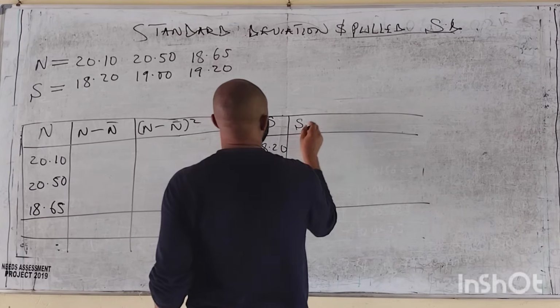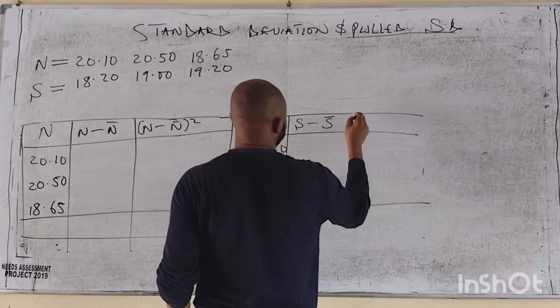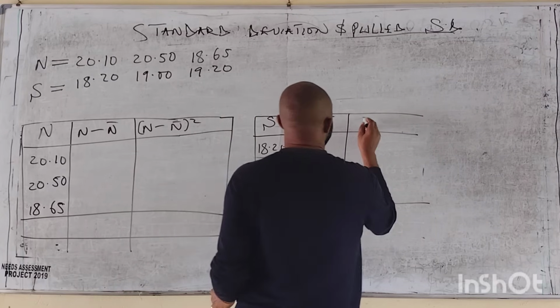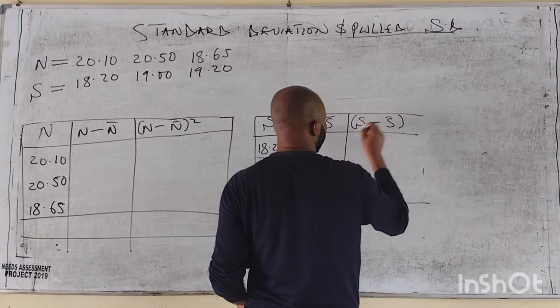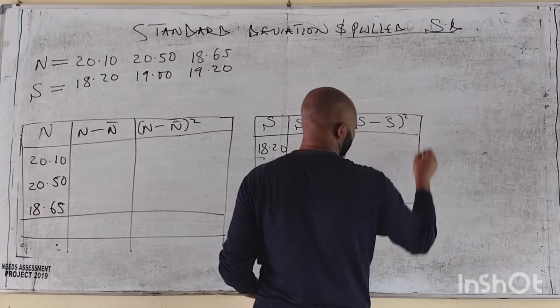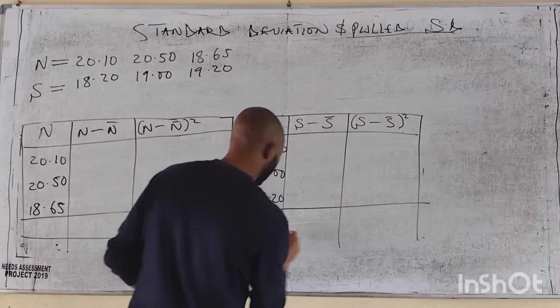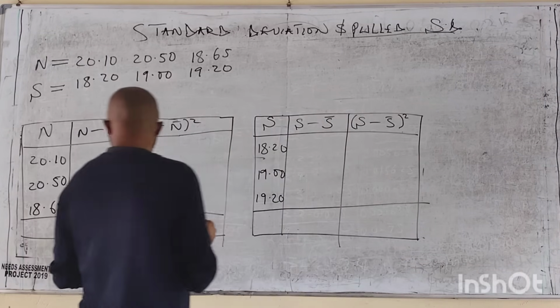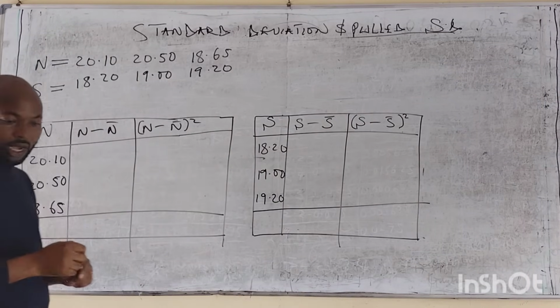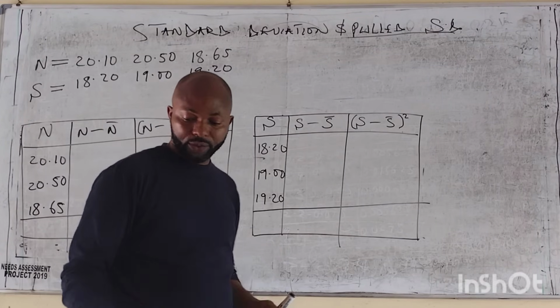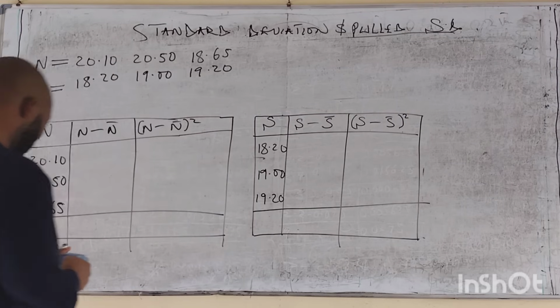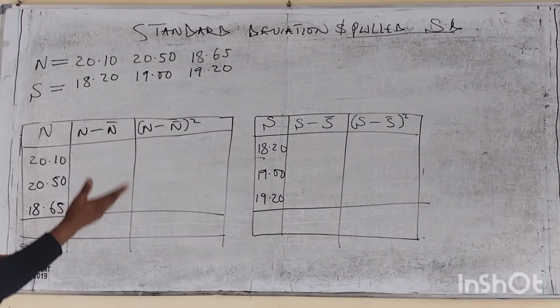We have X minus X bar, which is the mean, and X minus X bar squared. Quickly, let's run down. This one we have two variables, unlike the other one that we had three variables. Two sets of data.